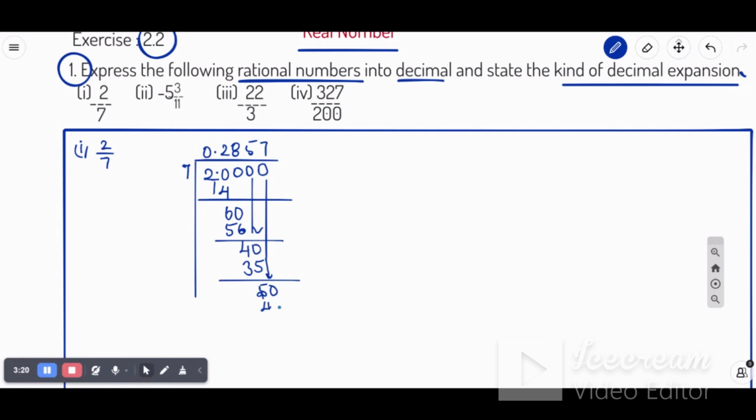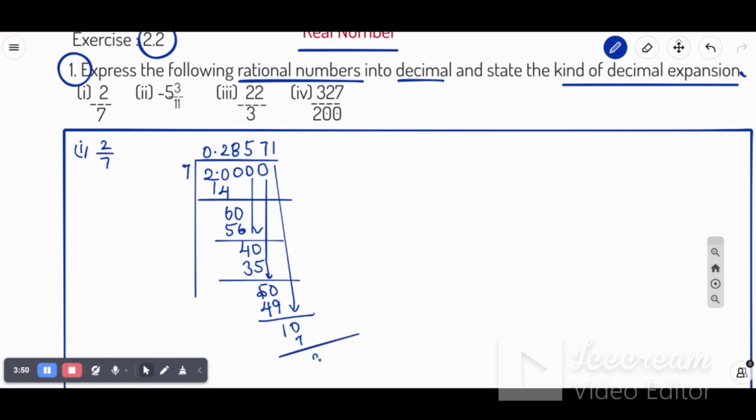So 49, and then you get a 1. The reason I am doing it for a longer time is that I am checking whether I am getting any of these numbers on the top as repeated. Since I see here only 2, 8, 5 and 7, none of the numbers are getting repeated. Now I get a 10 here. Let me try for some more time.